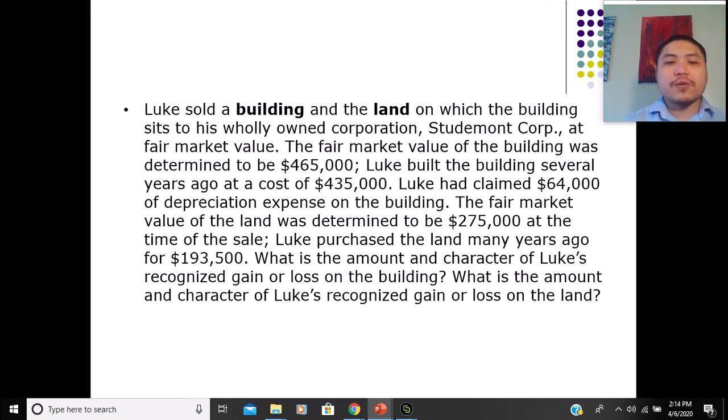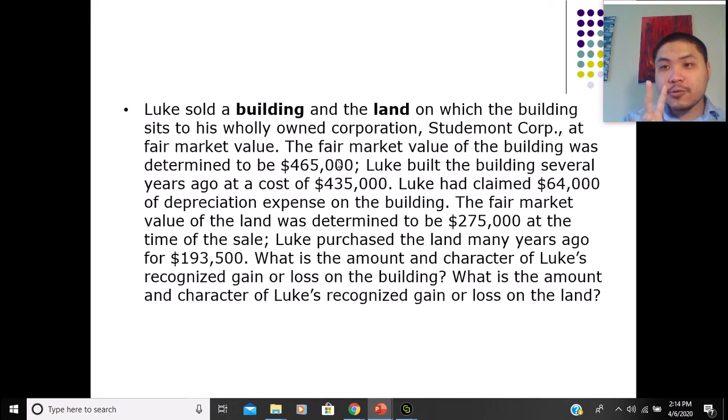The fair market value of the land was $275,000 at the time of the sale, and Luke purchased the land many years ago for $193,500. The question asks what the amount and character of Luke's recognized gain or loss is on the building and on the land.